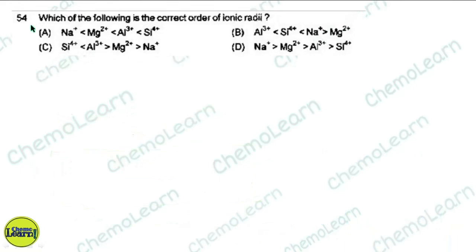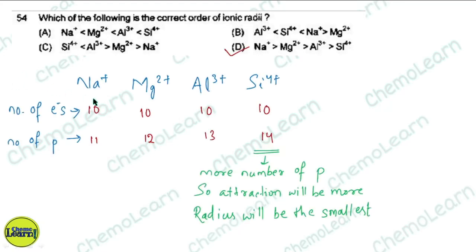Question number 54. Which of the following is the correct order of ionic radius? For sodium plus, Mg2 plus, Al3 plus, and Si4 plus, you have to compare the radius. So we'll calculate the number of electrons for all these ions, and it will be 10. All these ions have 10 electrons, and the number of protons will be, for sodium 11, for magnesium 12, for aluminum 13, for silicon 14.